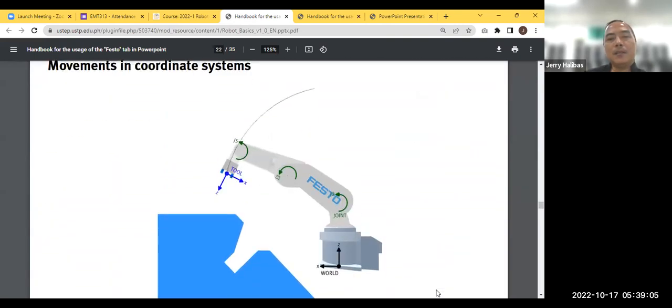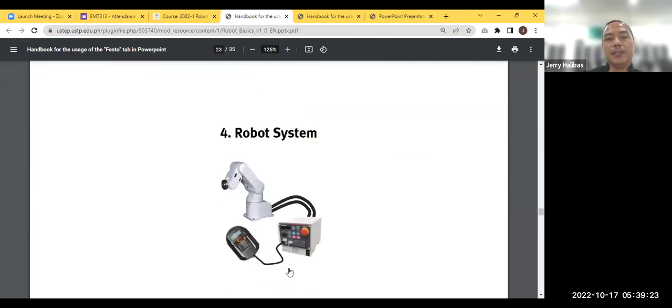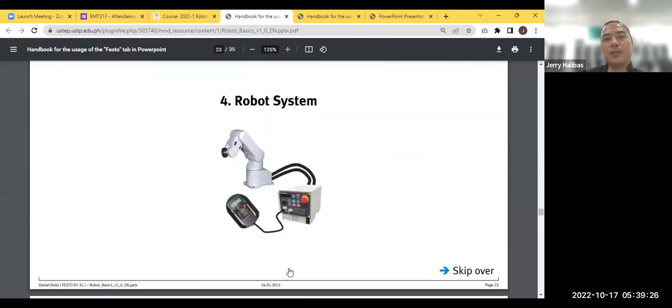The base is also known as the world coordinate, just like in your AutoCAD which has a world coordinate. That's a different case when you create a new reference frame for your targets. Okay? So we go now to the robot system.